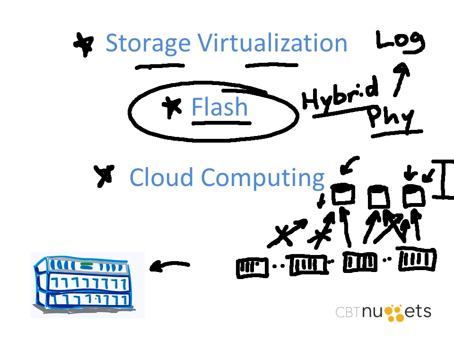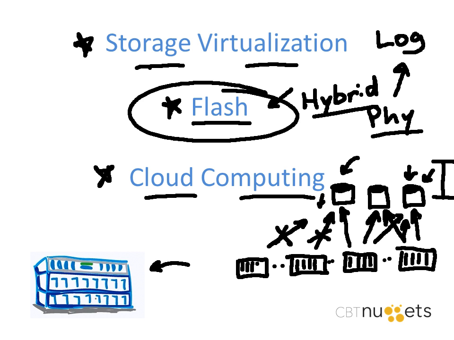So this reduction of moving parts with the old-fashioned mechanical hard drives and these new and improved advances in flash technology are really revolutionizing what we can do with storage. And then, of course, there's cloud computing.